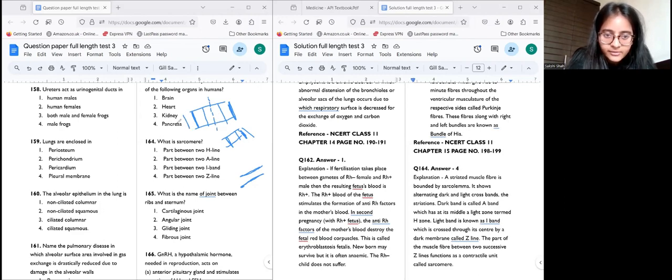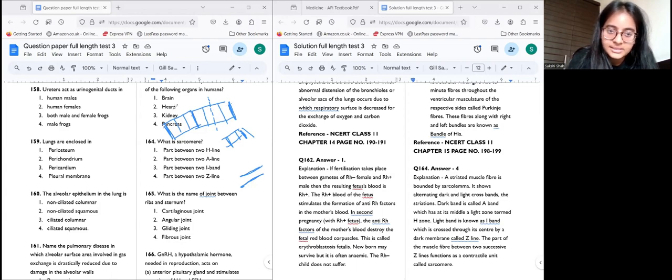Similarly, here also there will be an I band, right? Because there are alternate I and A bands, right? So if we say this is my A band, this is an I band. This is my A band, this is my I band, this is an A band. So it's alternating. So how is it alternating? It's the A band, I band, A band, I band, A band.